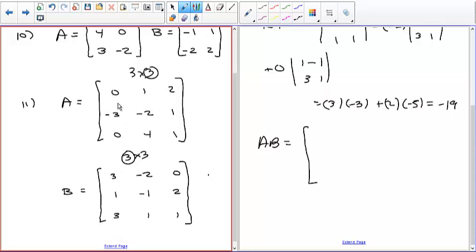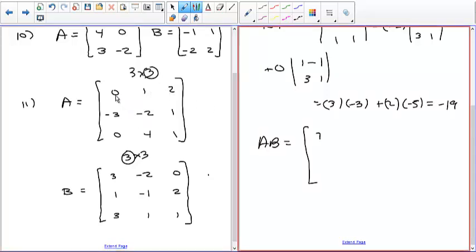So you've got 3, 0 plus 1 plus 6, you get 7. Okay, take first row, second column, so you're going to get 0, negative 1, plus 2, so you get plus 1. Then we take first row, third column, you get 0, 2, 2, that's 4.